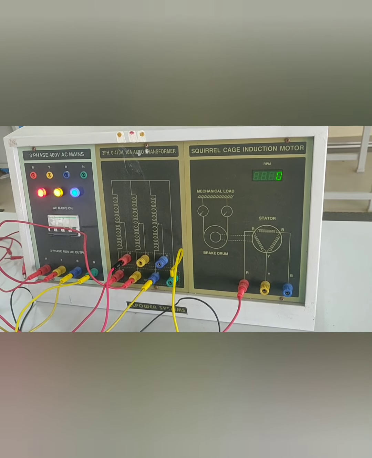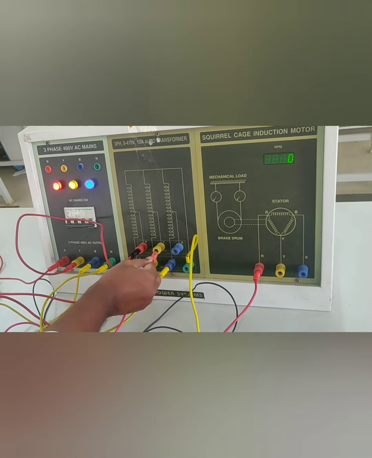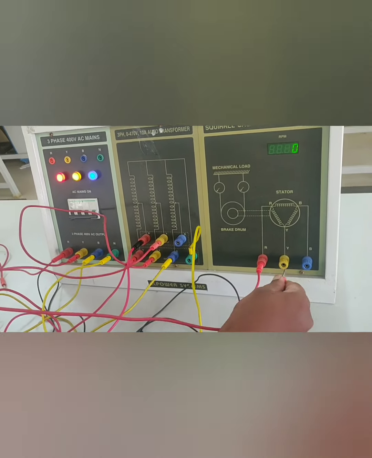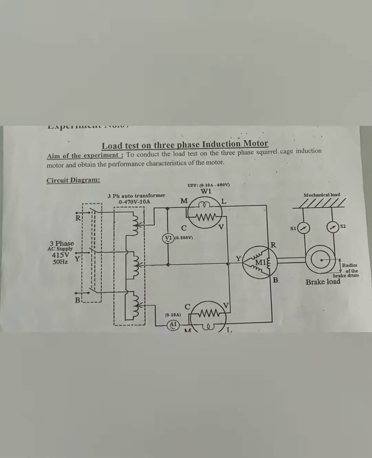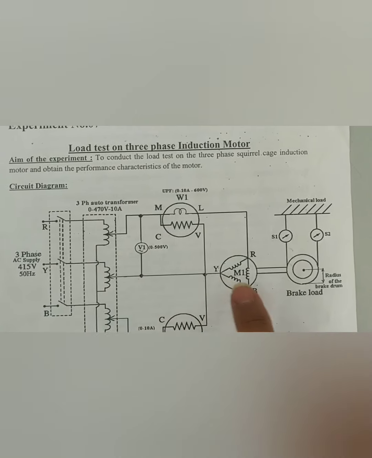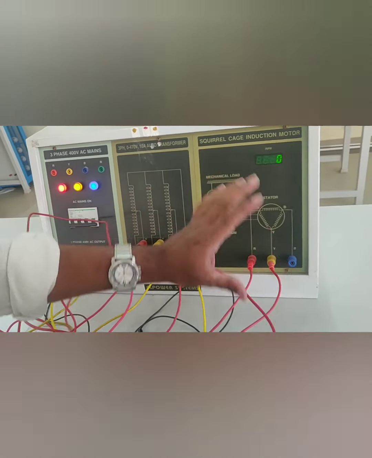Let us come to the Y phase. In the Y phase there is no need to put meters, so directly connect the Y phase of the output of the auto transformer to the Y phase of the stator of the induction motor. Next is the B phase. In order to measure the current, connect to the ammeter.